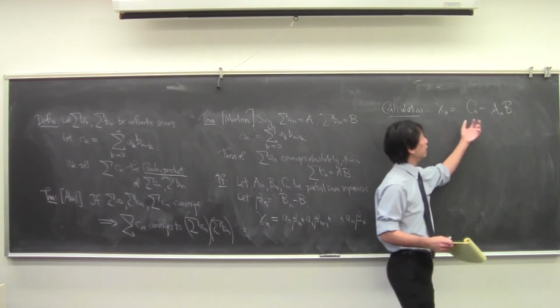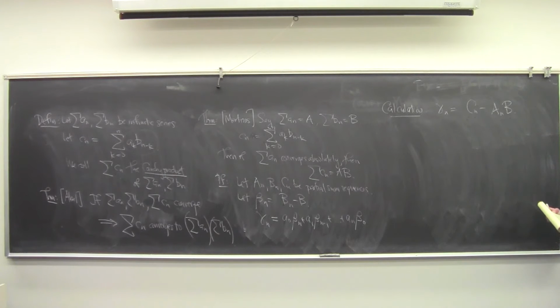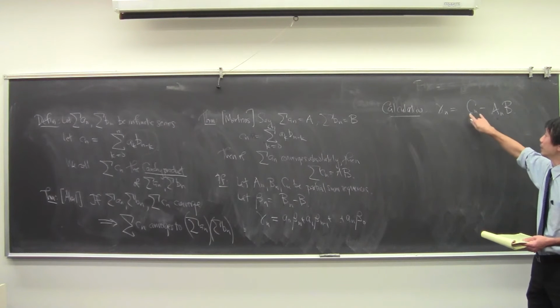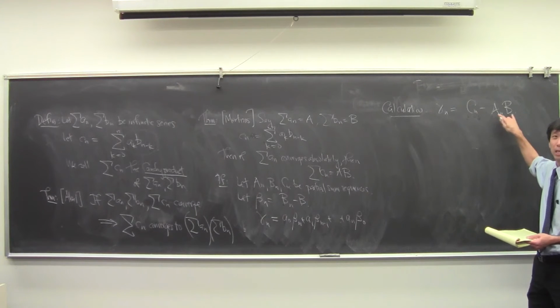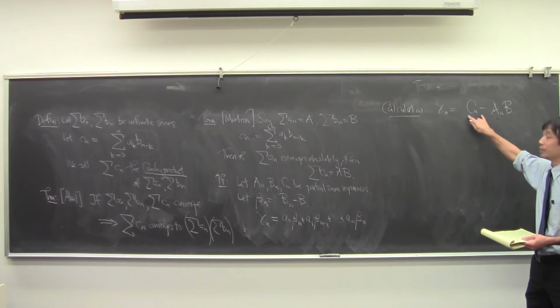Here we have capital C sub n minus A sub n B, and if we can show that this thing goes to 0, then our hope is realized. As n goes to infinity, if this becomes 0, that means that C does become A times B, because A sub n turns into A.